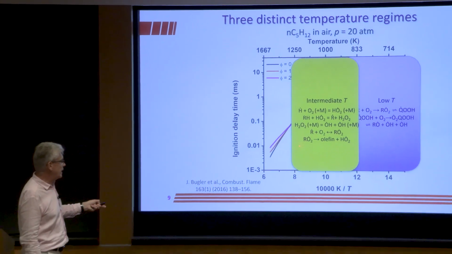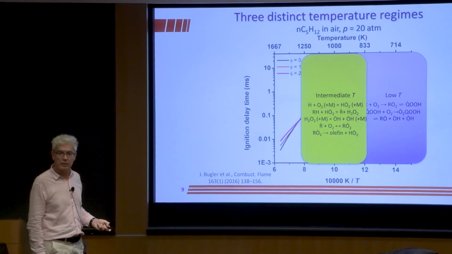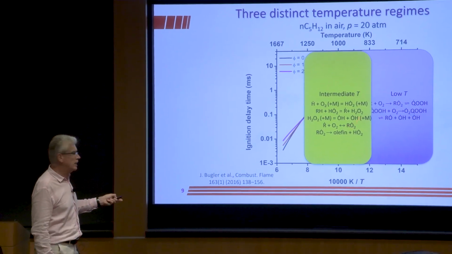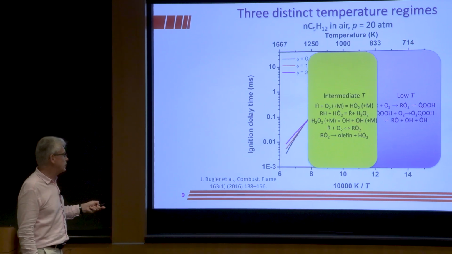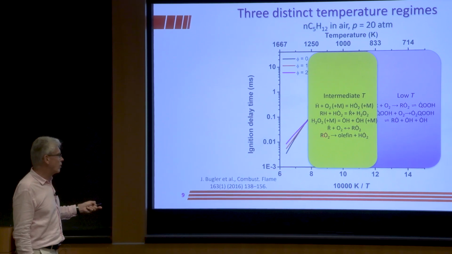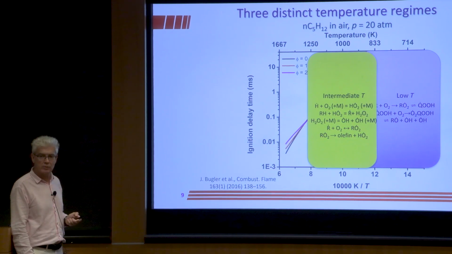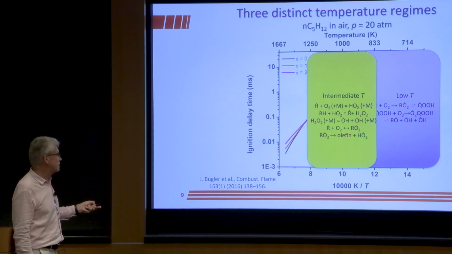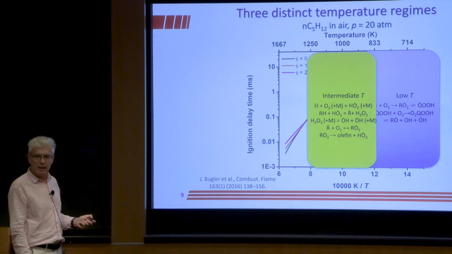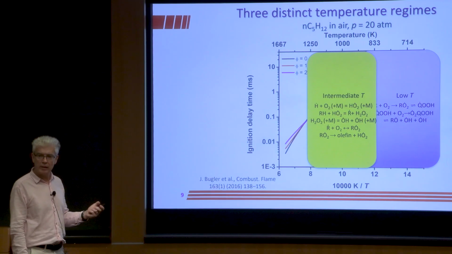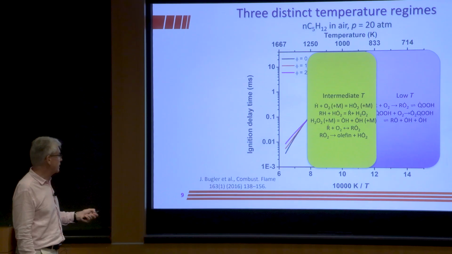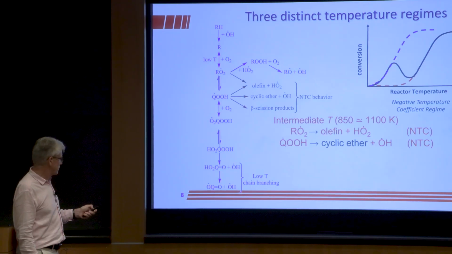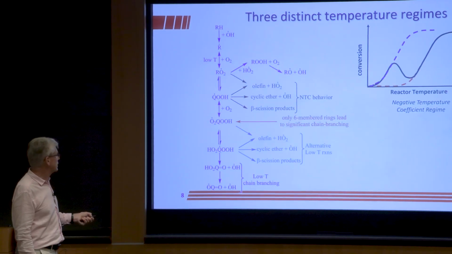But really, what's key is this reaction here. If you don't get any RO2, then you have no RO2 giving you olefin plus HO2. And it's this reaction that's a major source of HO2 radicals in the 1000 to 1250 Kelvin range.